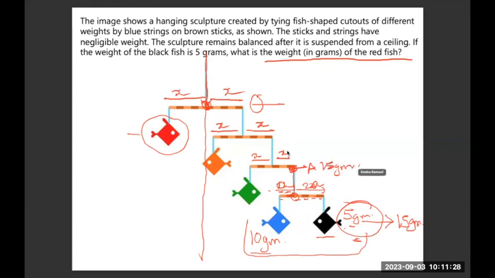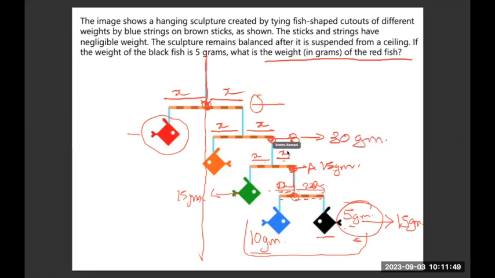Now, if this is 15 grams and this is equally distributed, the green fish will also have to weigh 15 grams. Now, when I add this total, which is hanging at point B, the weight at point B will be 15 plus 15, which is 30 grams.